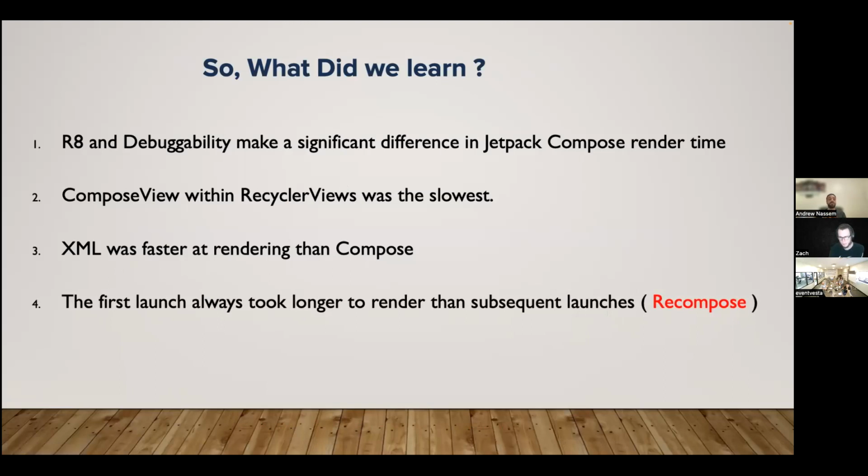However, recomposition after that is much faster and much better than XML. So what we learn is that we really need to take care of recomposition, because if we don't do recomposition in a good way, then it's better to use XML than Compose.